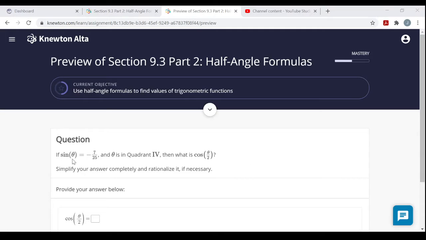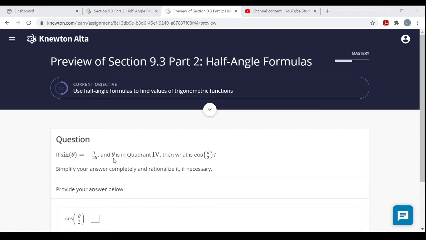Alright, so here we're told some information about an angle called theta. The sine of theta is negative 7/25, and theta is an angle in quadrant 4. And as I think I mentioned in the first video, I'm going to assume that this is a positive angle.